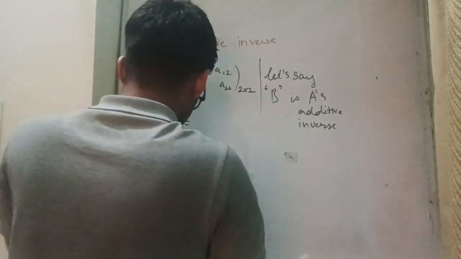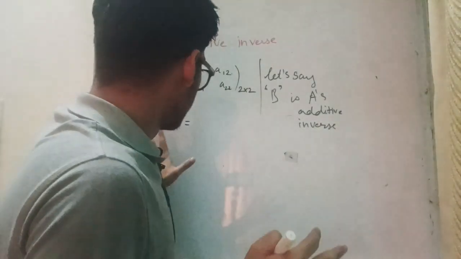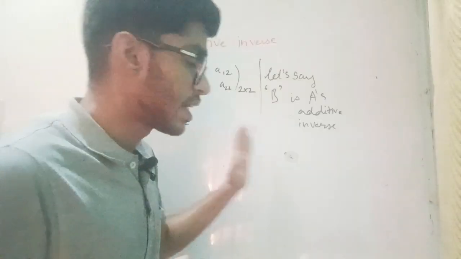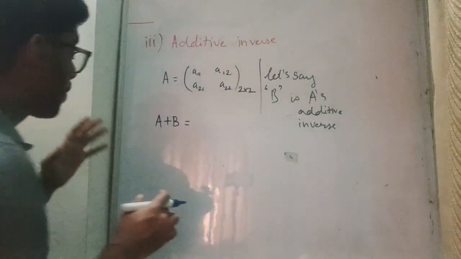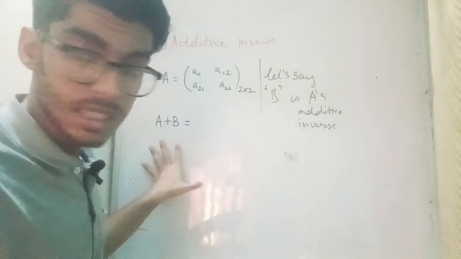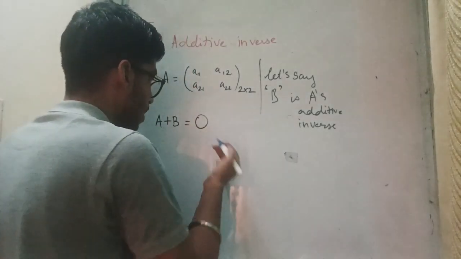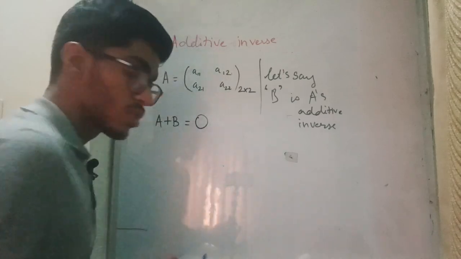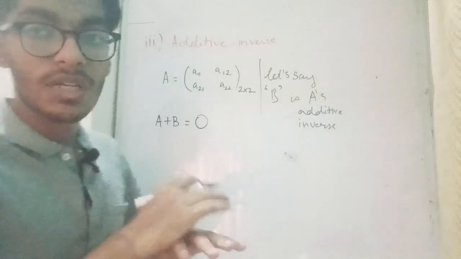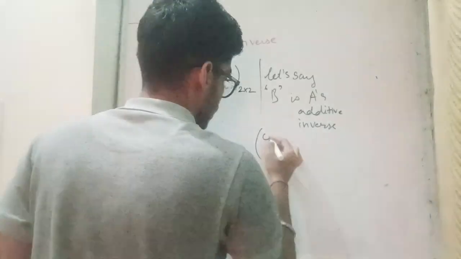So if I use the same idea, then for the matrix B, if I'm saying it's an additive inverse of A, then the addition of A and B must give me a null matrix. What is a null matrix? Represented by a big O, it is nothing but a matrix where each and every element is zero, something like this.